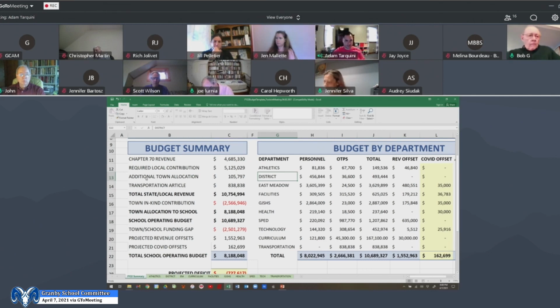That includes athletic transportation, special education transportation, and regular education transportation. All 4 of these together give us this $10.7 million that we like to call the total state local revenue, essentially the money that we will get.